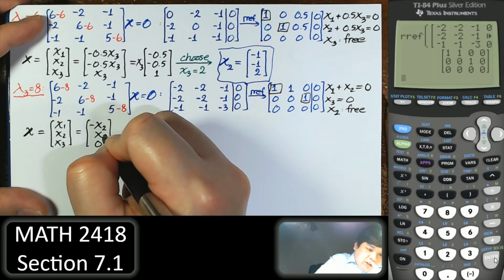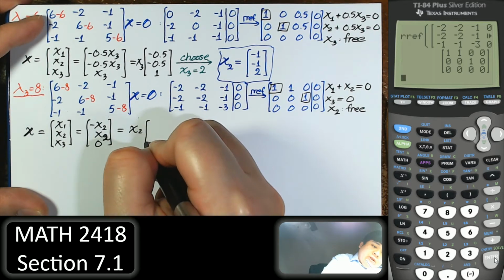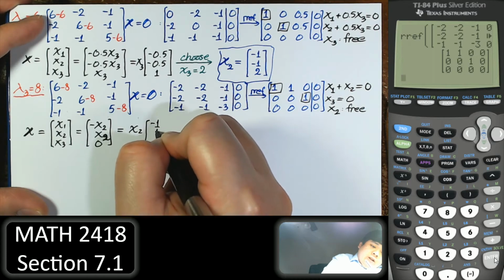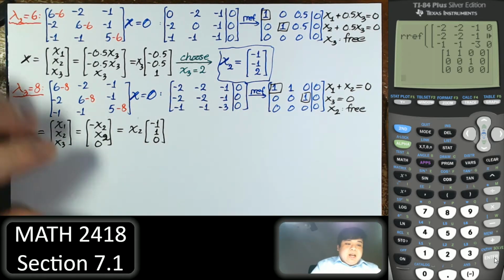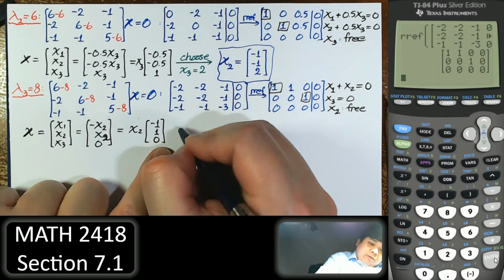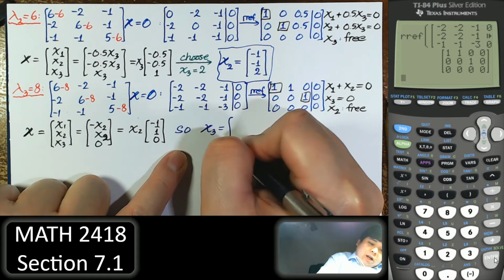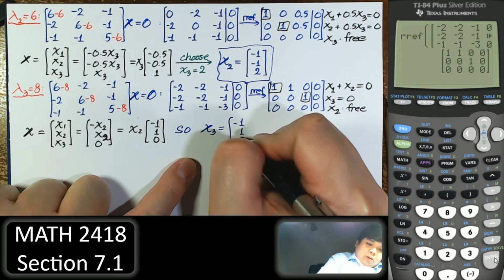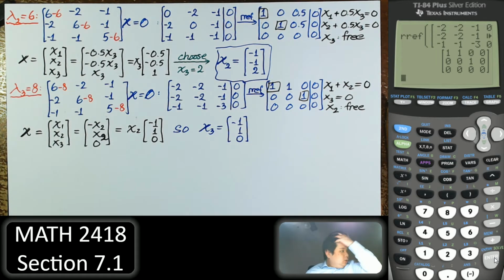Factor out x2, we have -1, 1, 0. Right. So the eigenvector corresponding to that is -1, 1, and 0. Right. So that's good. We have eigenvalues, eigenvectors.